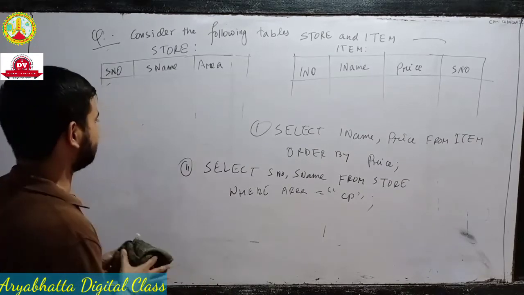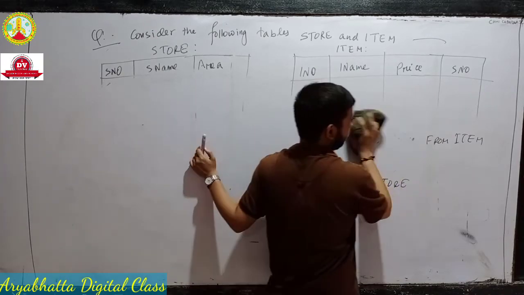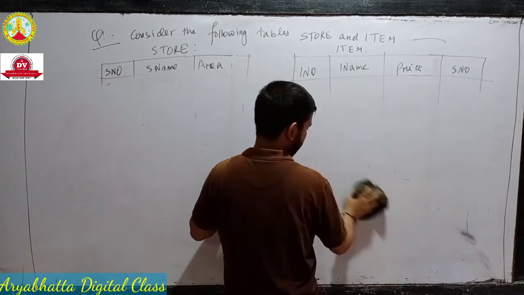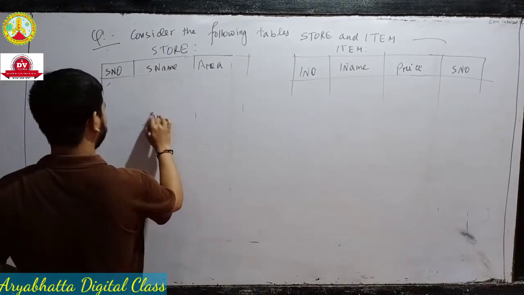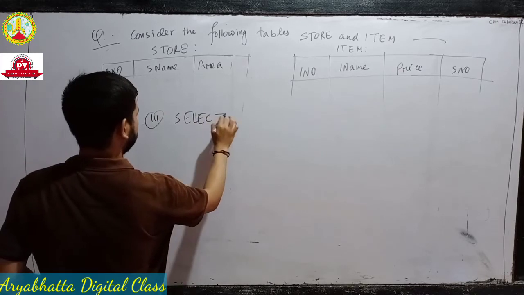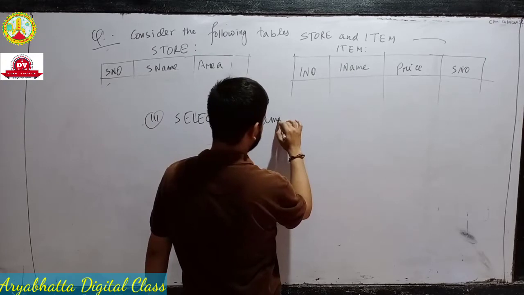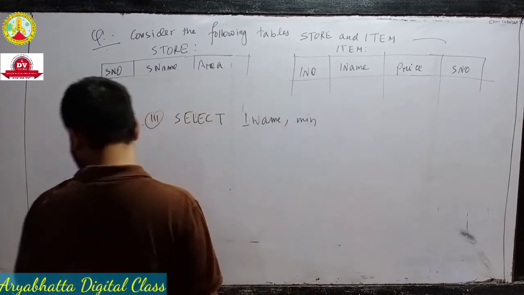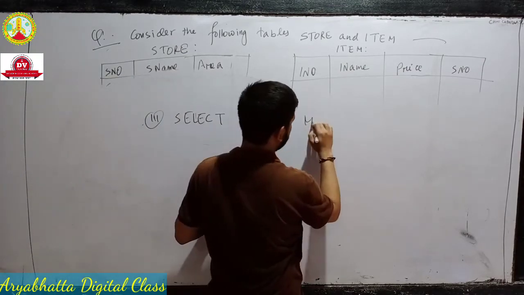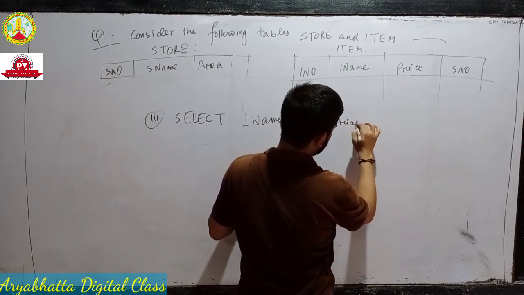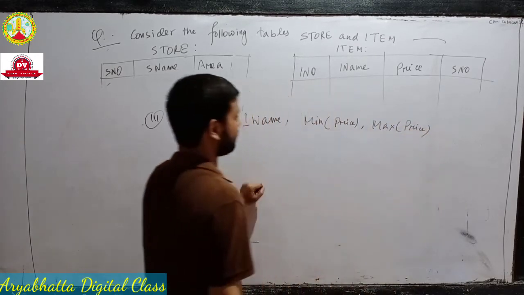How do we access it? We use the special terms minimum and maximum. For the third, select item name, comma, minimum price and maximum price.